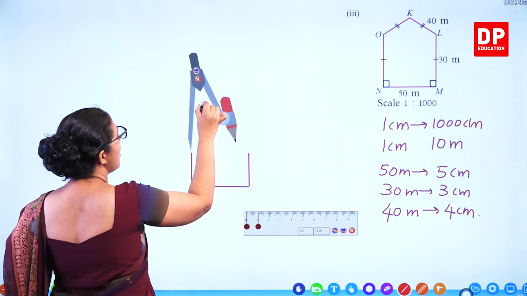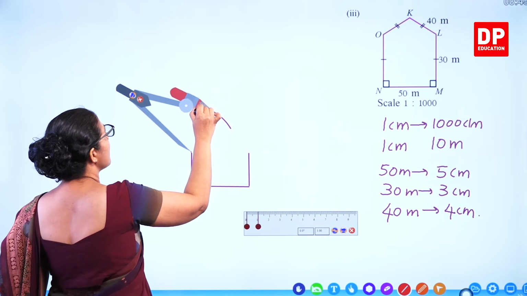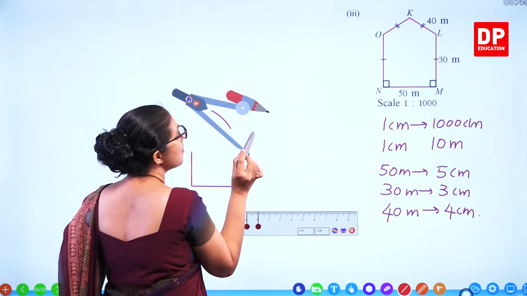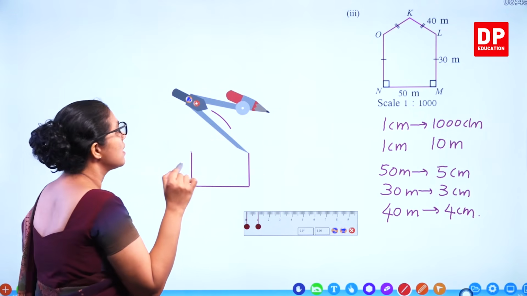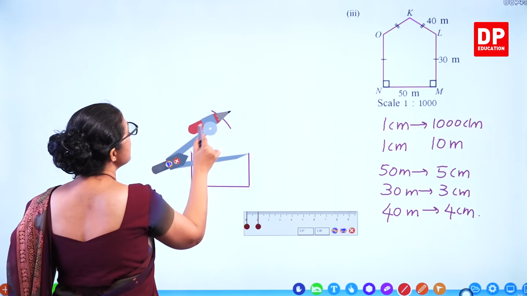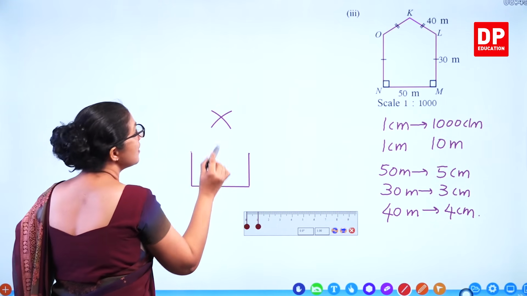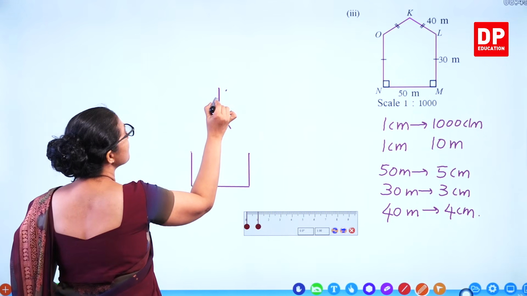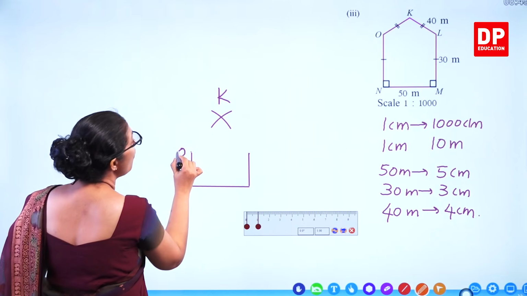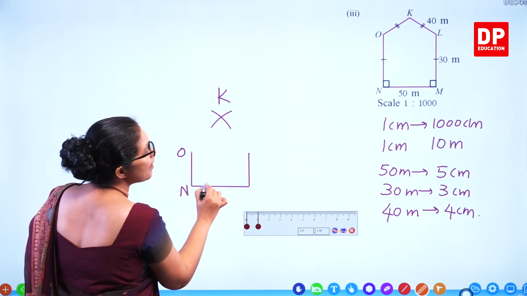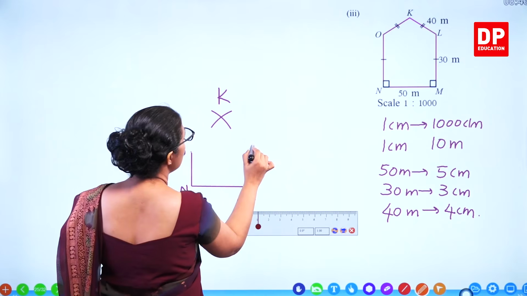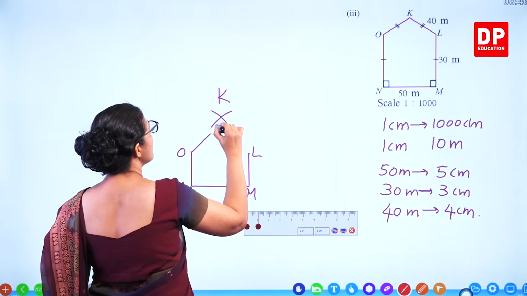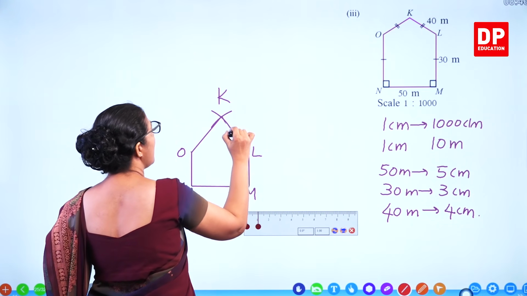You can draw an arc in the middle and also keep the same distance because 40, 40 and draw the other arc. So the intersecting point is the K point. So this is K and this is O, N, M, L. We can connect these 2 points here to here and here to here.